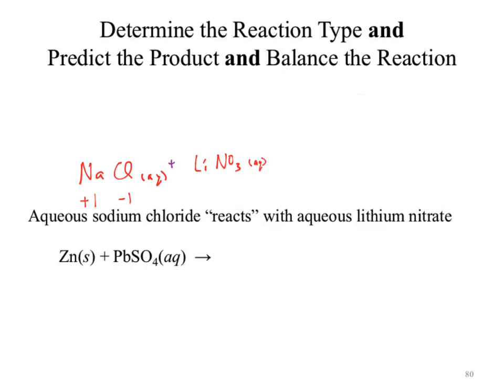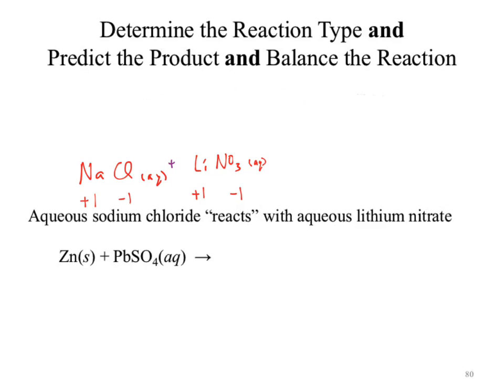Is that the proper formula for lithium nitrate? How do we know? Charge on lithium: lithium's a group 1 metal, making it +1. Charge on nitrate? -1. We know it's a -1 because you are required to memorize that. You have to know the charge on your polyatomic ions. Is that formula balanced? Yes.